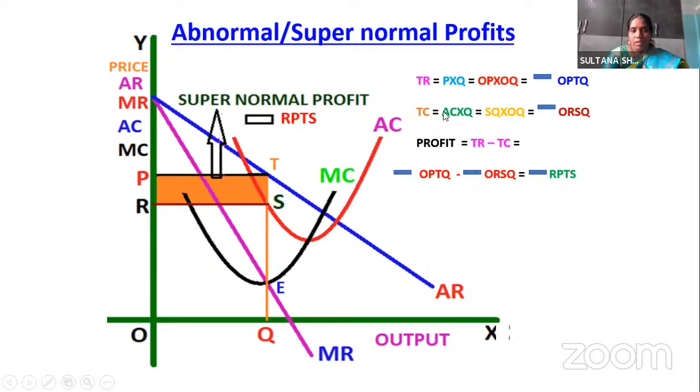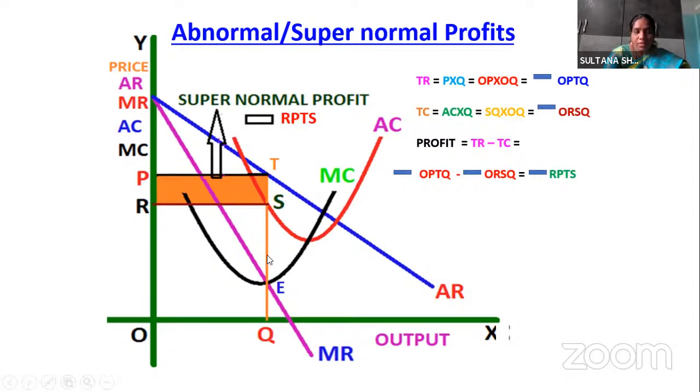For example, 100 goods at 10 rupees, 100 into 10 is 1,000 rupees. That is total revenue. Here you can observe the marginal cost curve and average cost curve, and the difference between MR, MC and AR, AC. In the short run, we can know whether the firm is getting normal profits, supernormal profits, or losses by introducing the average cost curve.